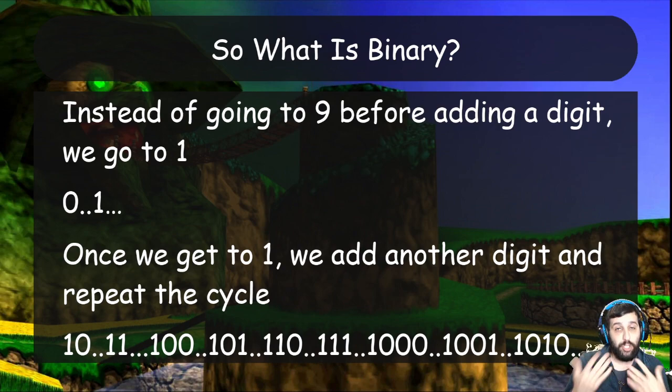It would be the 2's place. Hopefully you can see my mouse. So we have 0, 1, and it actually continues 2, 3, 4, 5, 6, 7, 8, 9, 10, but we are now reading it in binary. So it's 0, 1, binary 10, binary 11, binary 100, and so on.